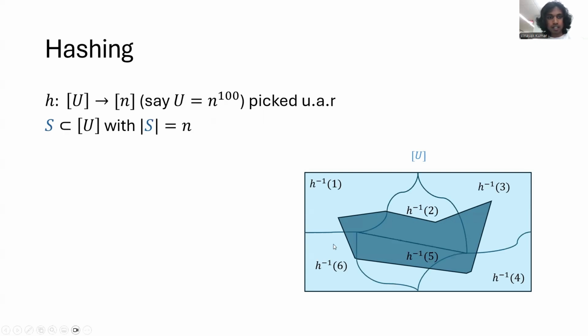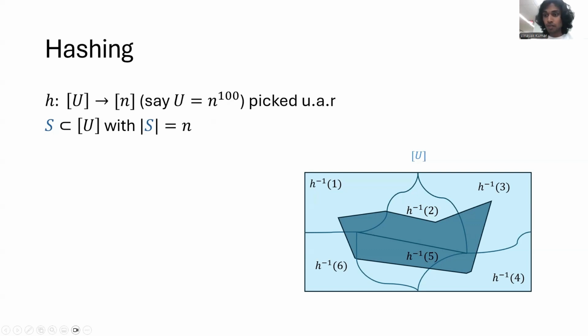A random H will randomly partition it into some maybe weird looking parts, where each part is defined by all the universe elements that map to a particular value. Each region corresponds to all the universe elements that map to a particular value: the ones that map to 1, the ones that map to 2, and so on.